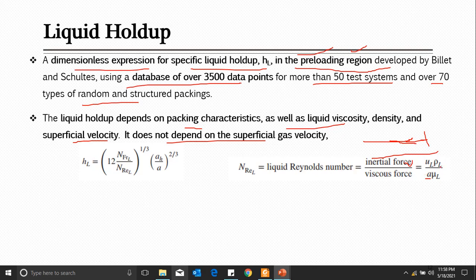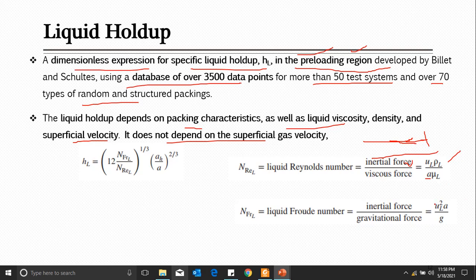So this is the expression for this specific case. You know that we can write a number of expressions for the Reynolds number depending on the situation. Here this is also dimensionless; you can check it if you want. Then there is the Froude number, which is the ratio between inertial forces and gravitational forces.